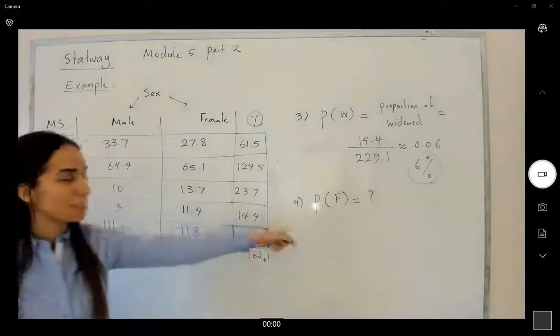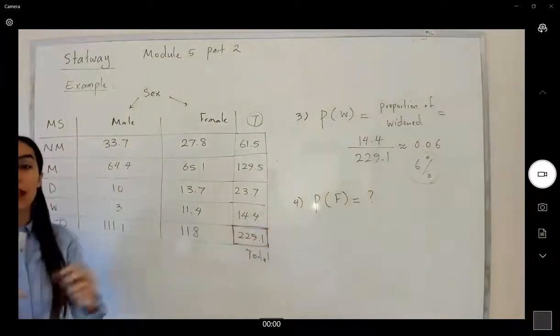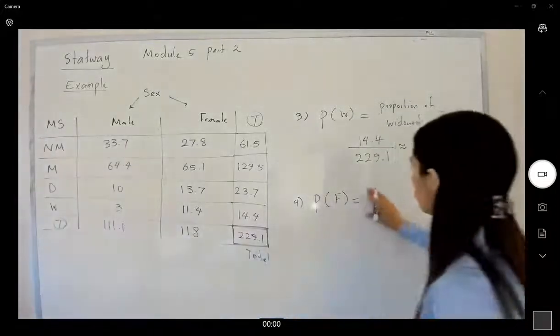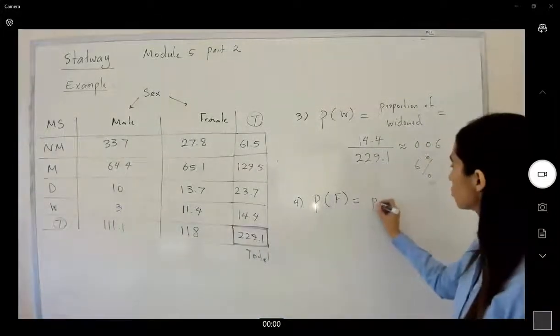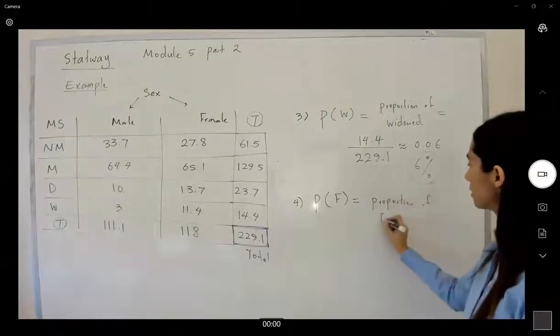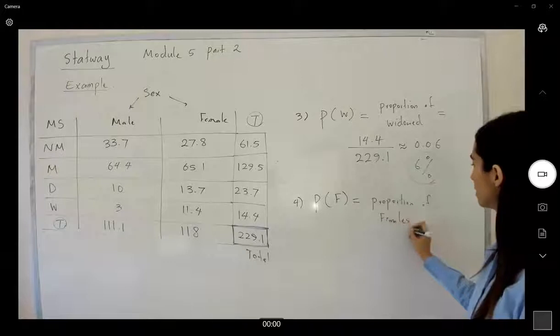What's the probability that you randomly select a person and that person is a female? This is equivalent to saying, what is the proportion of females in the United States?